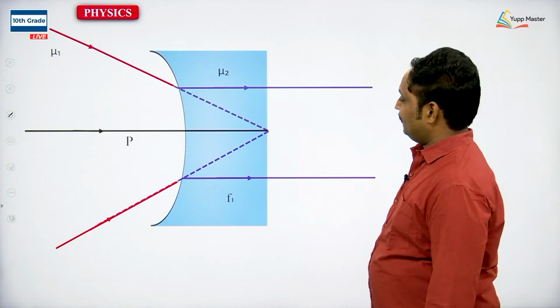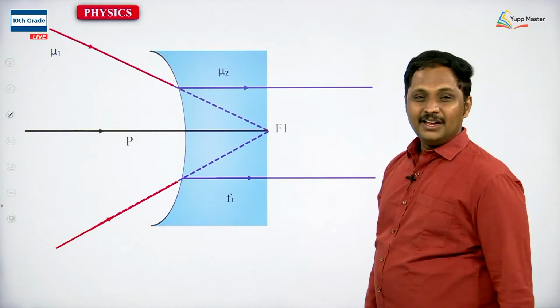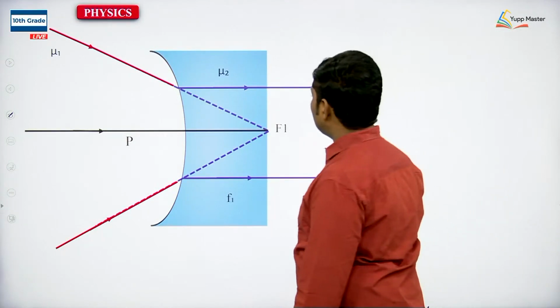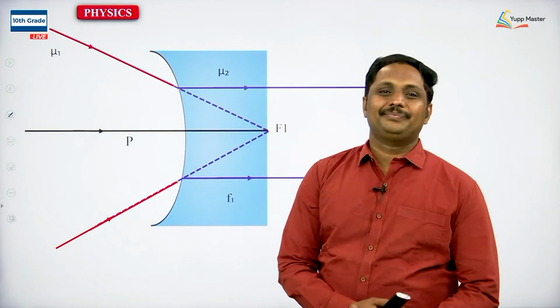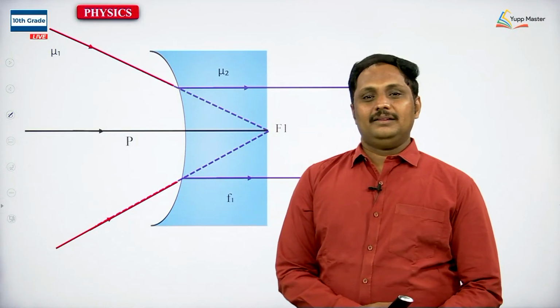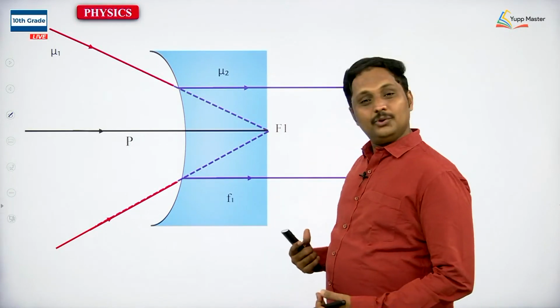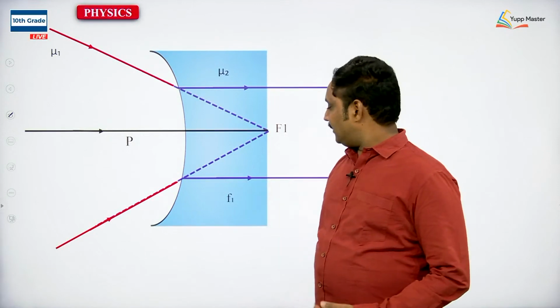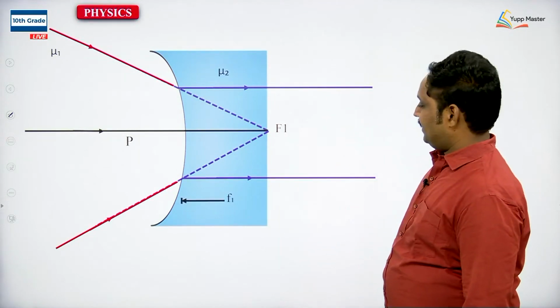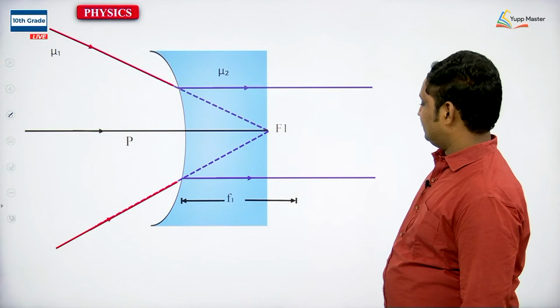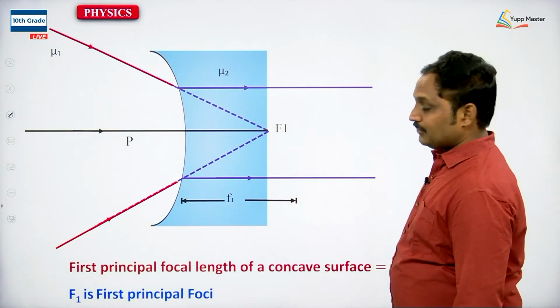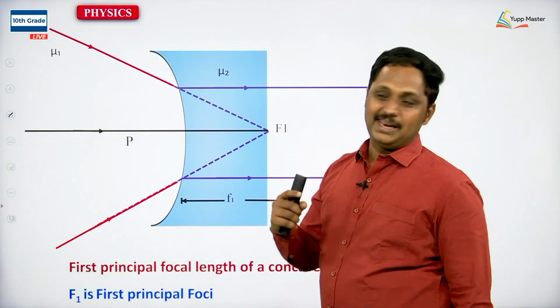P, this is F1. In this case, what have you considered F1? The first principal focus, no doubt at all. And what about small f1? You have to take this one, the first principal focal length.